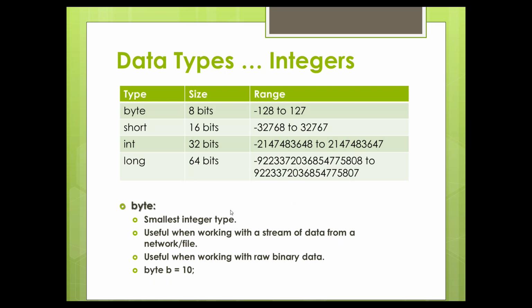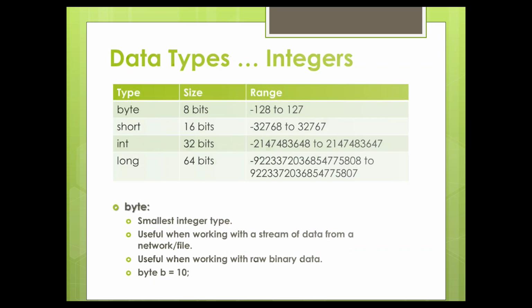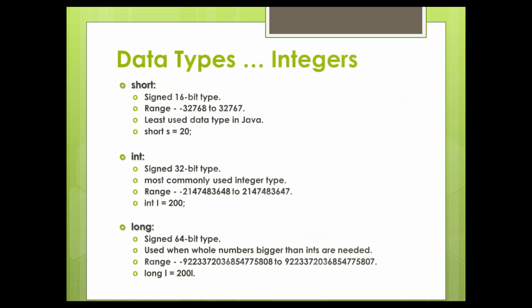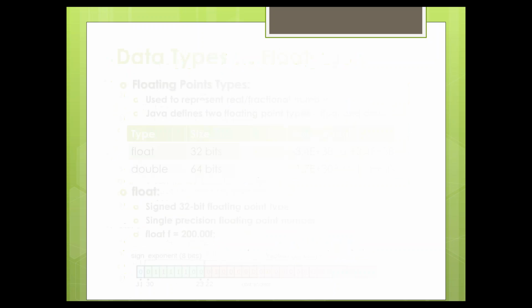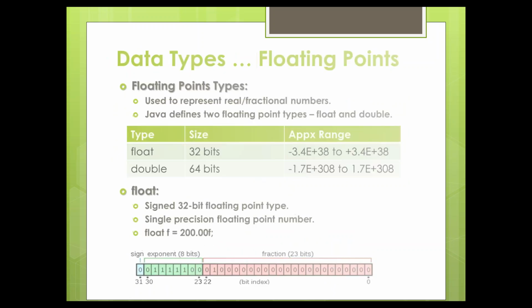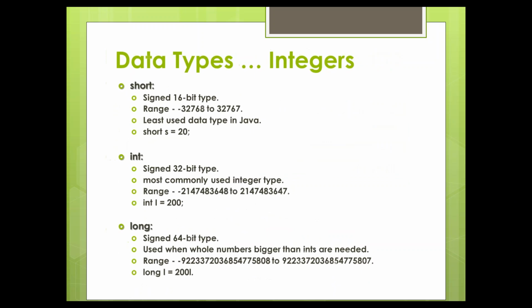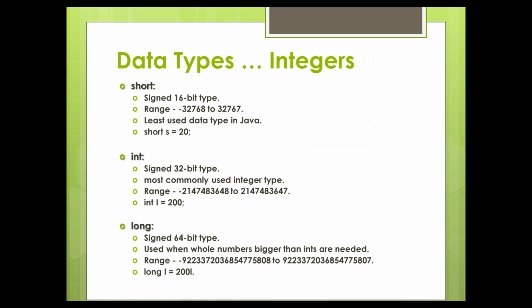Next let's move on to the short data type. Here it's a signed 16-bit integer type. That means whenever you declare a variable of type short, that value occupies 16 bits of memory in your physical memory.